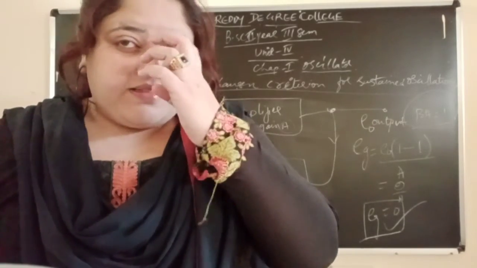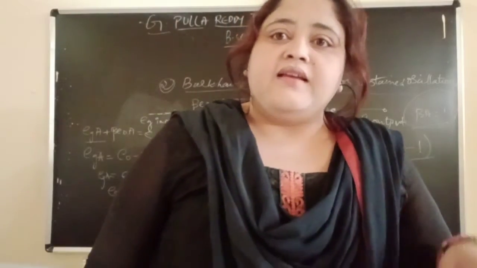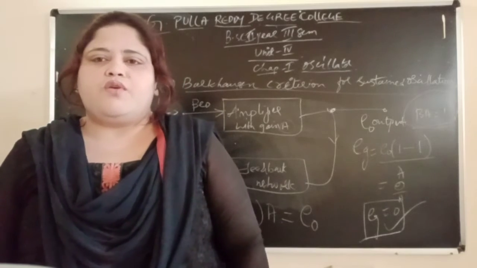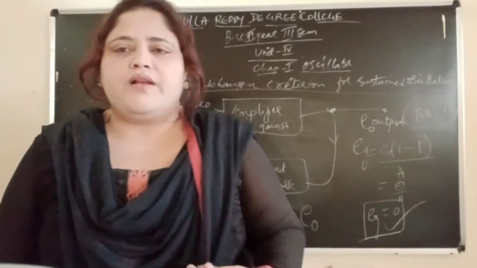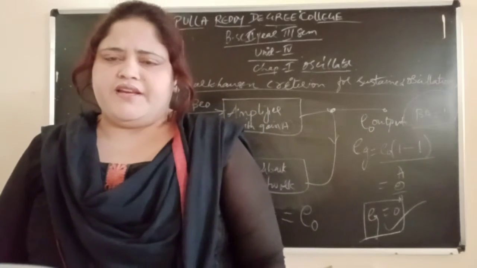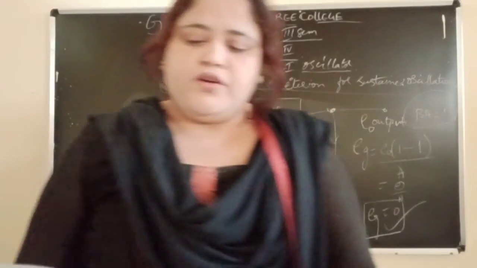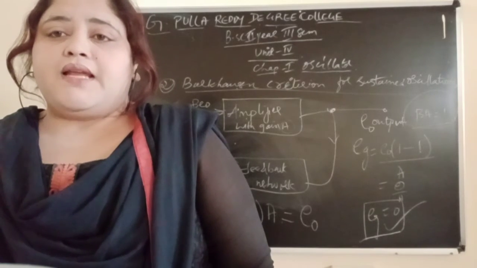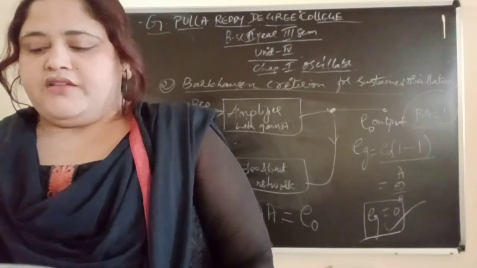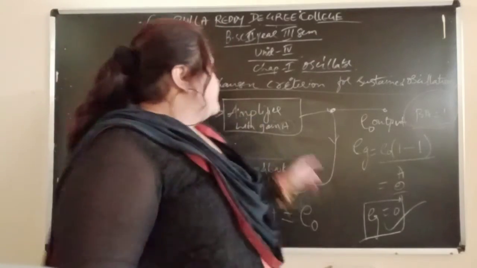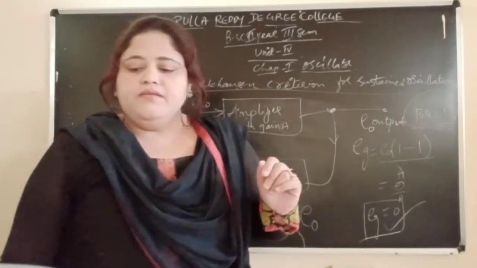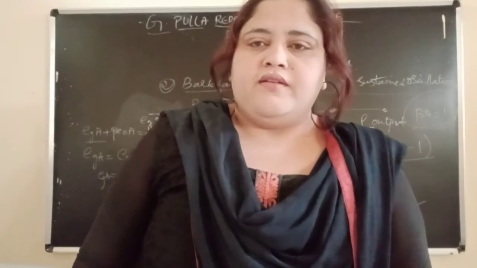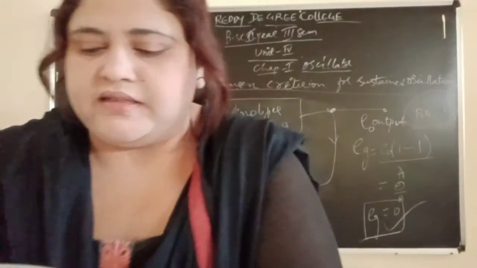At this time, what type of output will you get? Sustained oscillation output. Sustained oscillation output means you will get 180 degrees plus 180 degrees, that is equal to 360 degrees. So the condition beta A equal to 1 is known as Barkhausen criteria, where you are getting the output in the form of sustained oscillation.